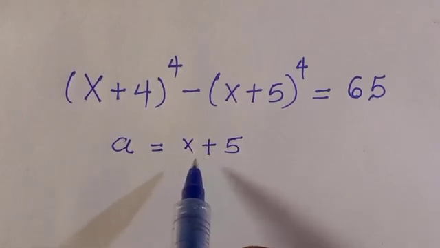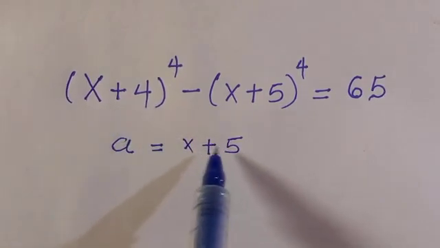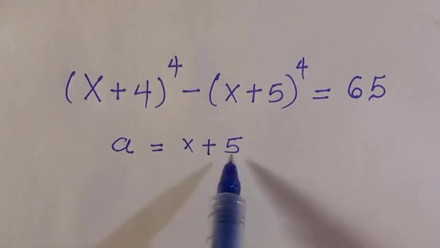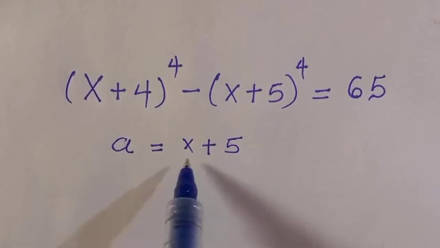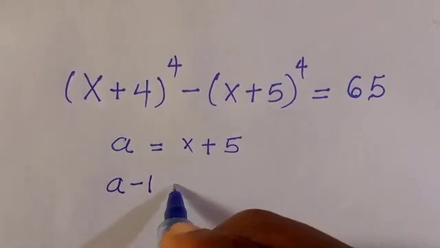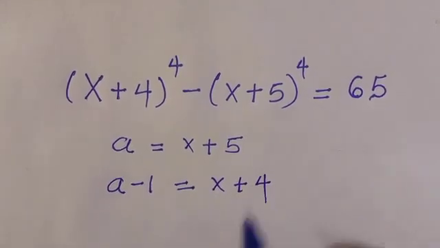what I need here is I want to derive x + 4, but what I have here is x + 5. It means I'm going to subtract 1 from both sides. So when I subtract 1 from both sides, we have a minus 1 equals x + 4.